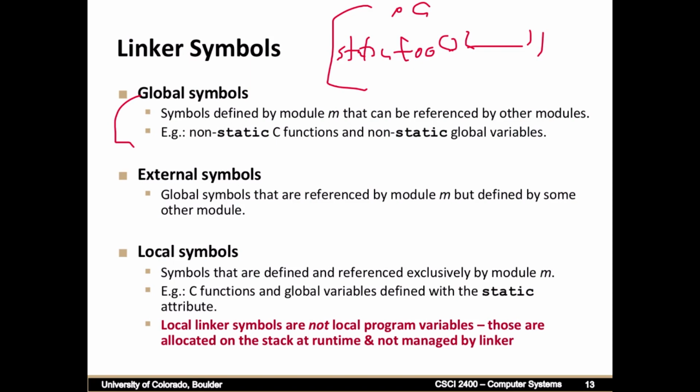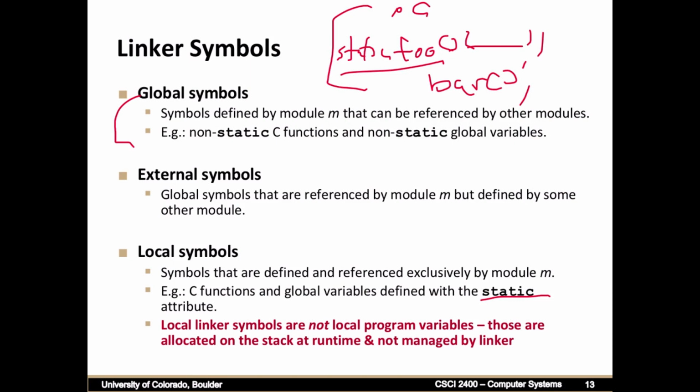External symbols are, for example, if in that same .o file I call a function bar, but I do not have the definition in that file, that's an external symbol and I need to know where it is. And then there's local symbols, and that would be the equivalent of foo with the static term in front of it. So these are symbols that are defined and referenced exclusively by this single module, and that means things that have the static attribute in front of them.